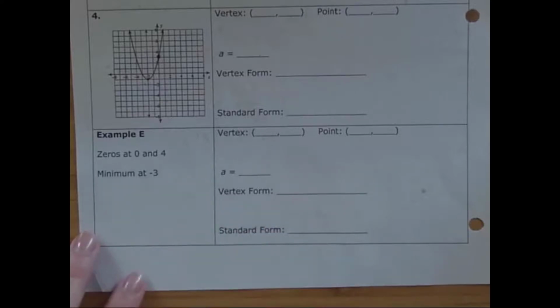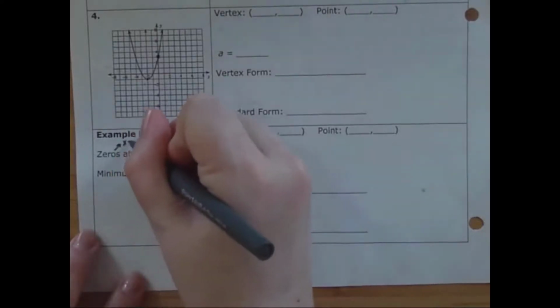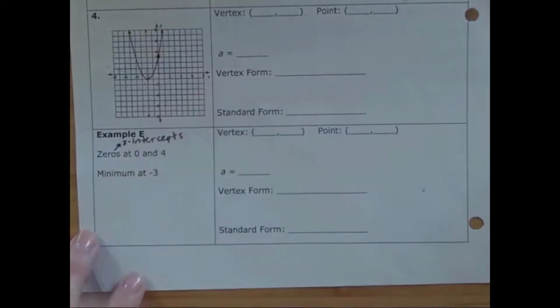Okay, but for example E, they don't give me a vertex. What do they give me? They give me the zeros. Well, what are zeros? Remember that zeros mean x-intercepts. So they've given me 2 points that are included on my graph. And I'm just going to sketch the graph.